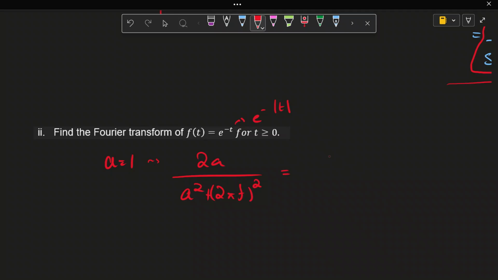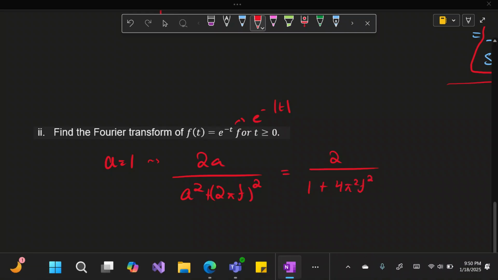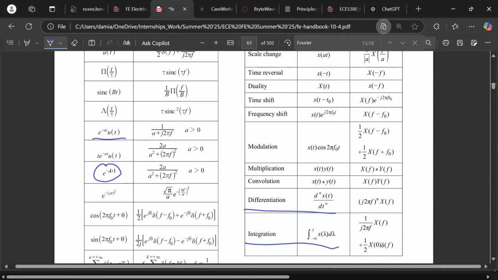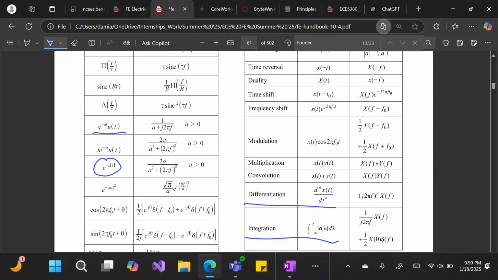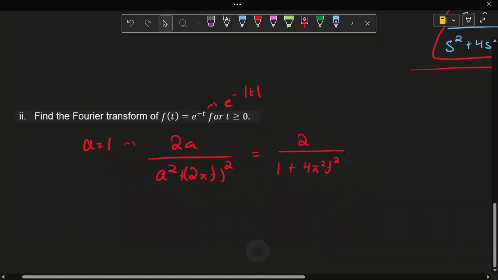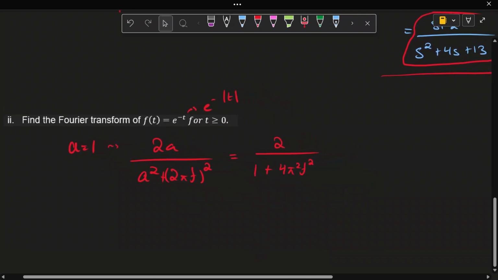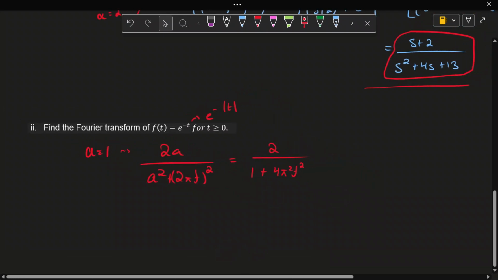So if a is 1, we just have 2 over (1 plus 4 pi squared f squared), right? All right, yeah. So that's going to be it. And we have to note that a has to be greater than 0, which a is 1, so it works out. So that would be our answer for this one also.